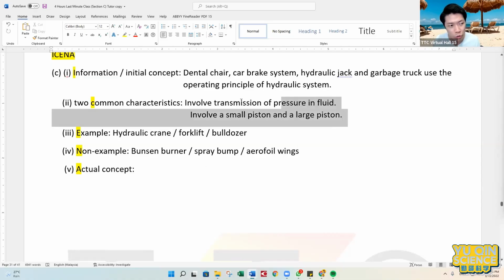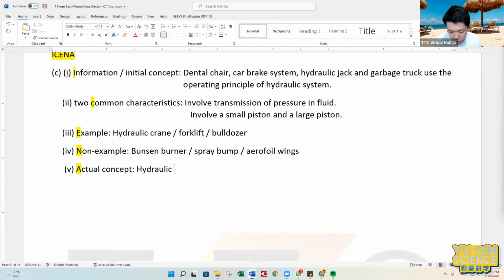Okay, actual concept, ladies and gentlemen. Actual concept, you want to use these two to form your sentence. But you have to first write down your subject. Then only you involve that. Okay, what's your subject? Hydraulic system, right? Hydraulic system. Okay, hydraulic system is a system that then I can copy already.